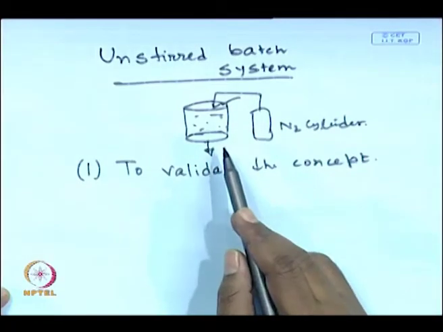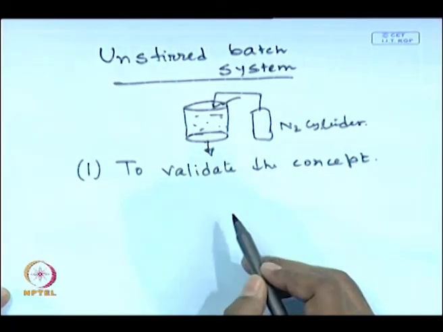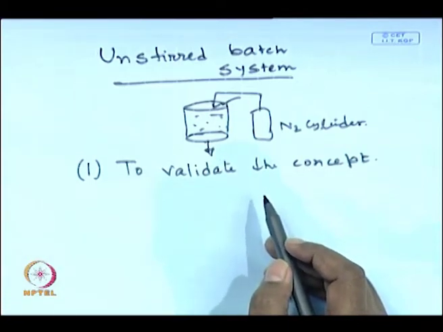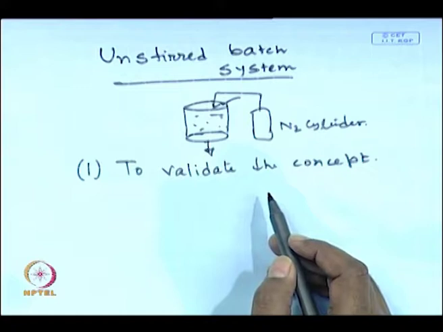If you increase the turbulence in an actual system, for example the cross flow system, the system that we have just studied now, or a cross flow system in a rectangular channel, or in a spiral wound module, or in a tubular module, the cross flow system will always perform better than the unstirred batch system, because in the unstirred batch system there is no turbulence and the solutes will be deposited over the membrane surface. The effect of concentration polarization will be maximum there.